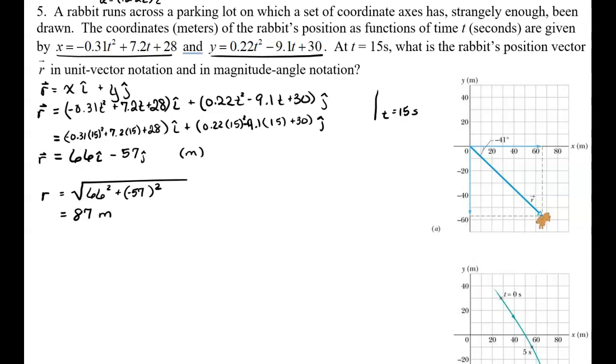Now, how am I going to get the angle? Well, remember, the angle is opposite over adjacent. So that means tangent of my angle theta is going to be the y over the x. If this is my theta, it's going to be my y over my x.